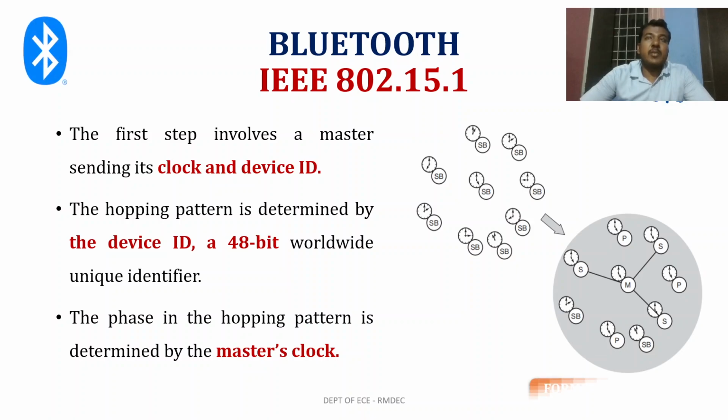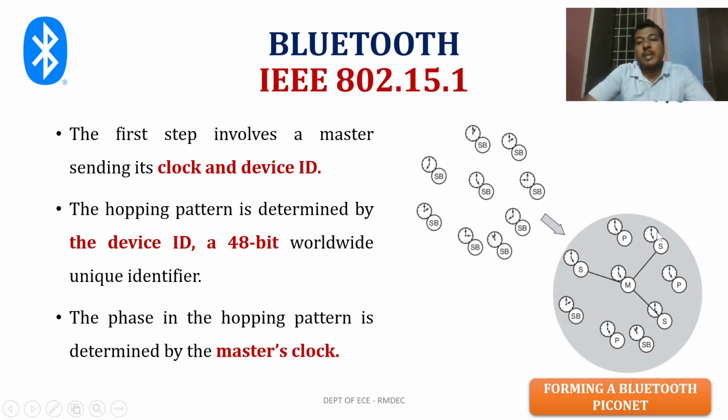The first step involves the master sending its clock and device ID. So these two things will be sent. Say for example, if you take this as our Piconet, we have one master and so many slaves, and thereby we have another part.